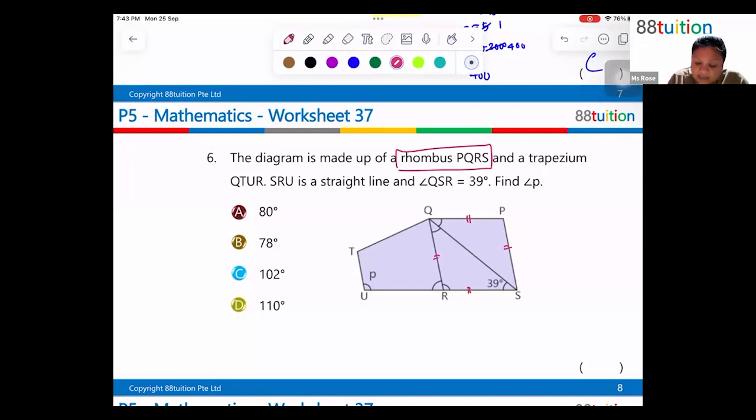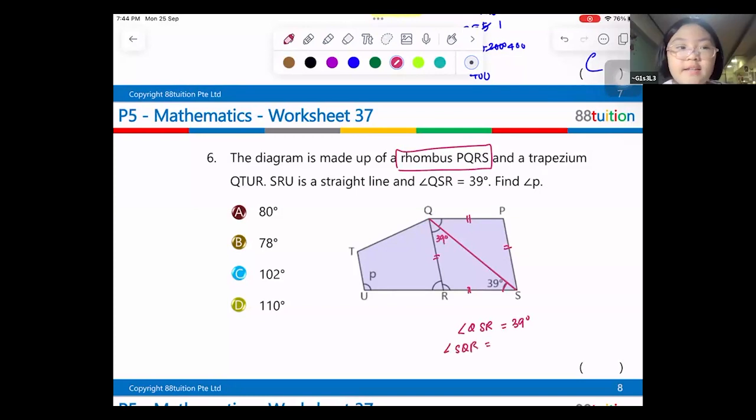If all sides are equal, this line that cuts the rhombus into two equal halves will give you two identical isosceles triangles. So if angle QSR is 39 degrees, that means angle SQR will also be 39.